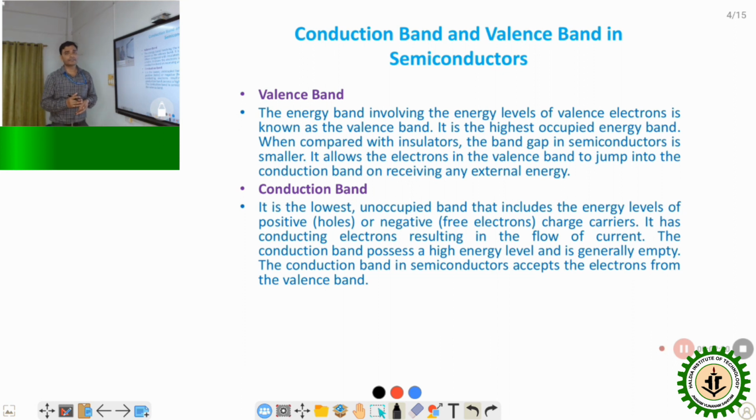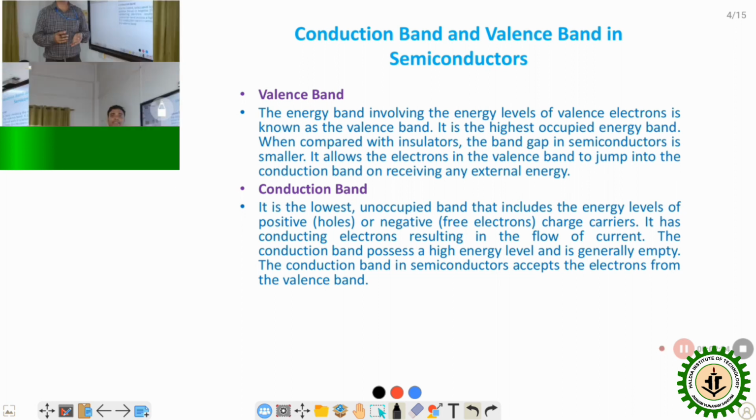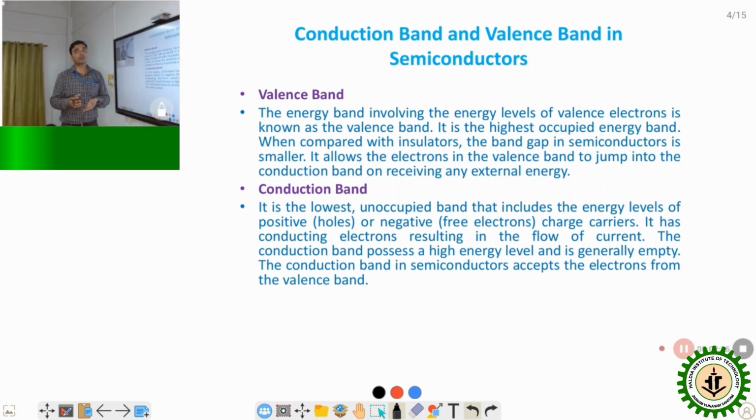When an electron gets sufficient energy, it may be thermal energy due to temperature, it is excited from the lower band to the higher band, that means from the valence band to the conduction band, creating an electron hole pair. During that time the current will flow.